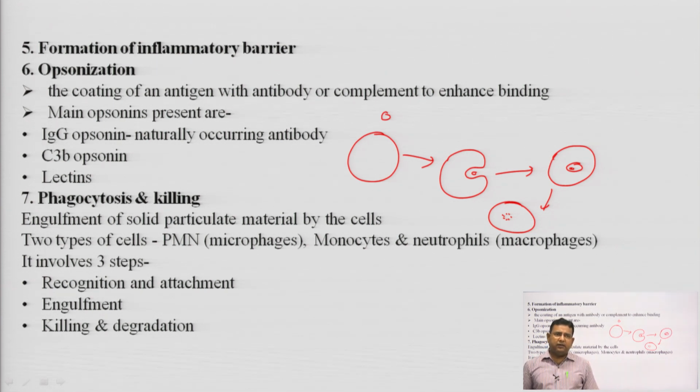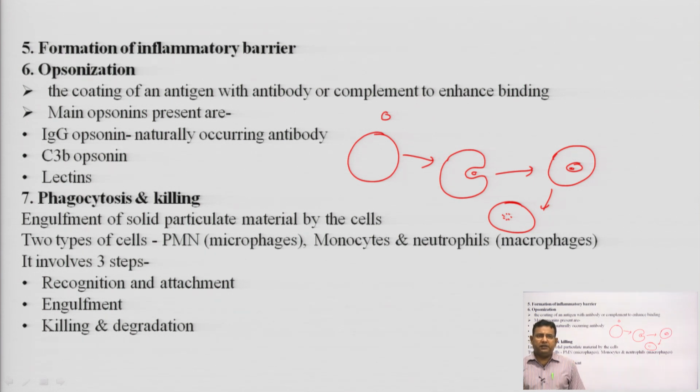Two types of cells: polymorphonuclear cells, that is neutrophils, and the second type of cells are the macrophages, monocytes. Macro means bigger, micro means smaller.